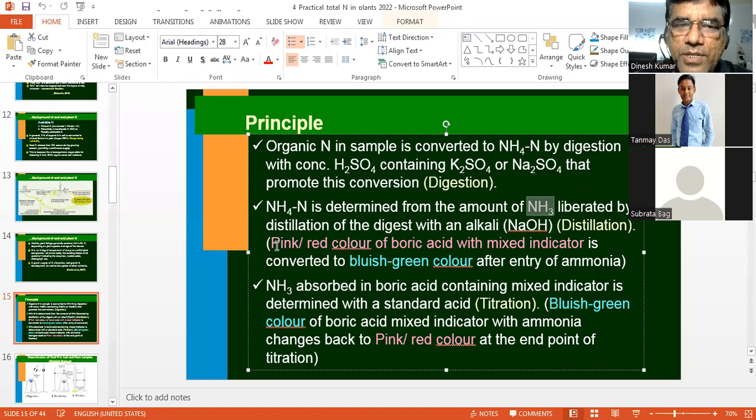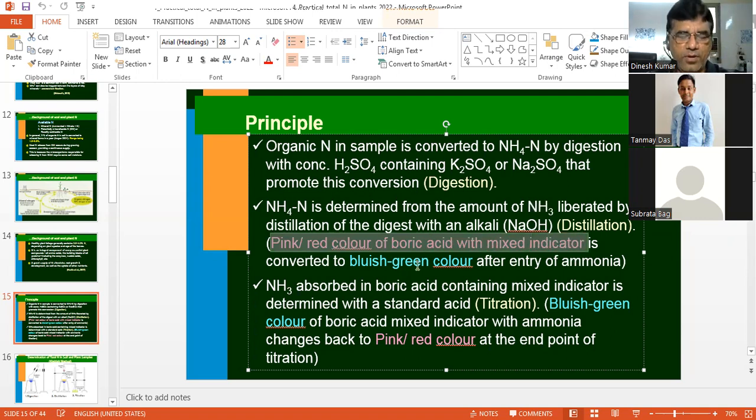The distilled ammonia is collected in boric acid and mixed indicator, which has a pink or red color. When ammonia is absorbed in the boric acid mixed indicator solution, its color changes to bluish green.